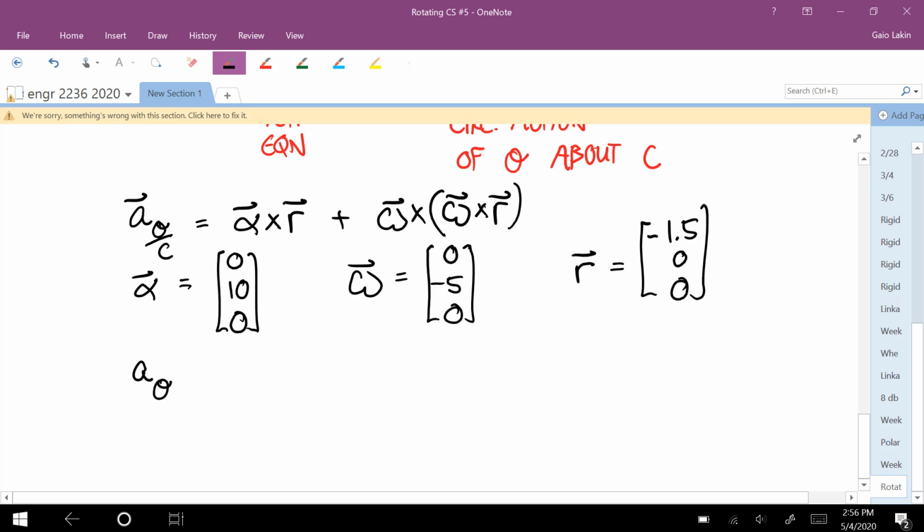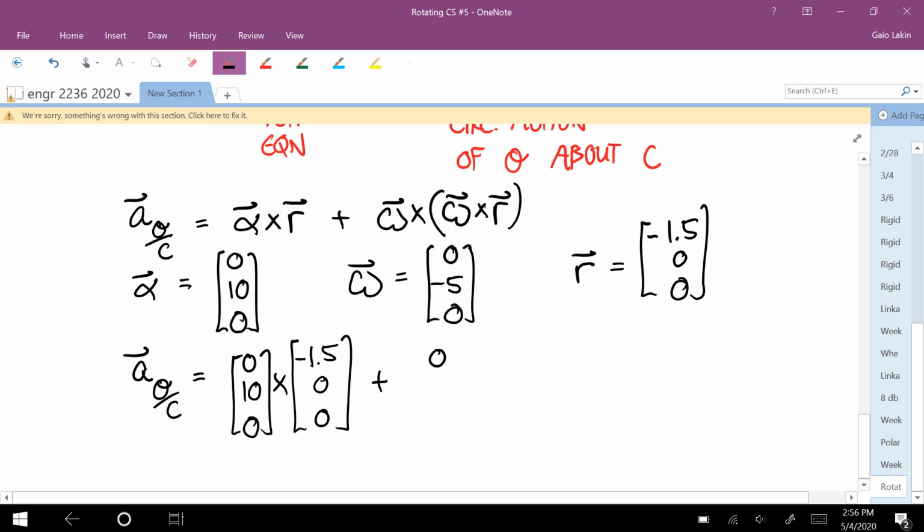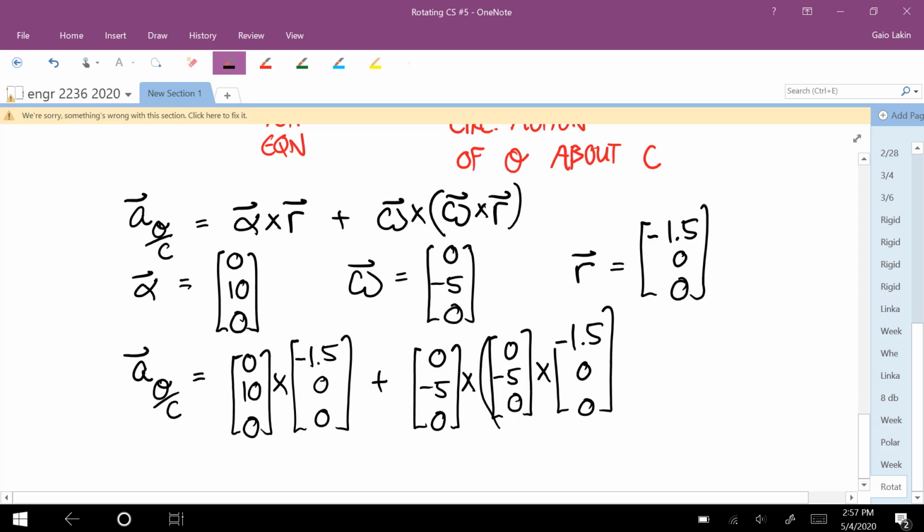So the acceleration of O relative to C is (0, 10, 0) crossed with (-1.5, 0, 0), plus (0, -5, 0) cross the quantity (0, -5, 0) cross (-1.5, 0, 0).